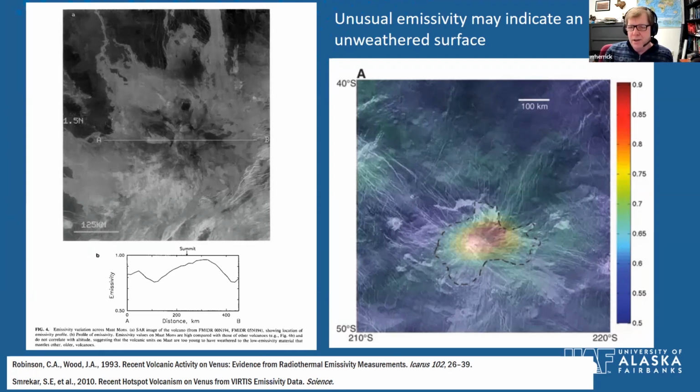And in terms of recent activity, both infrared and microwave emissivity have been used to argue that there are very young lavas on top of some of the large volcanoes, and potentially in some of the rift systems as well. Next slide, please.